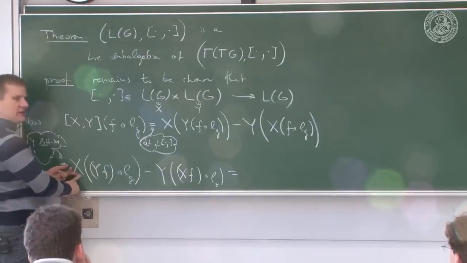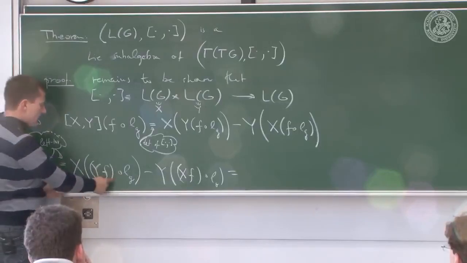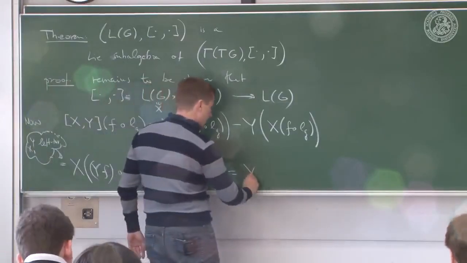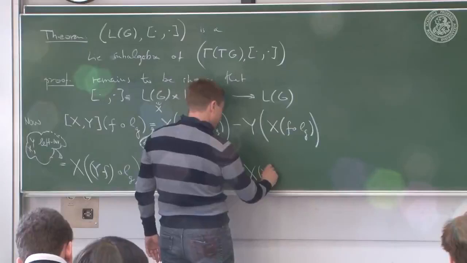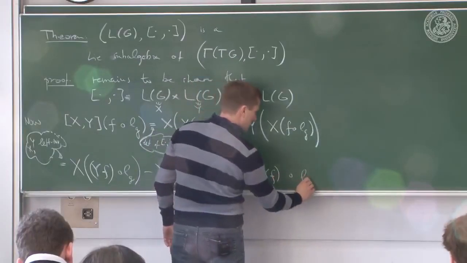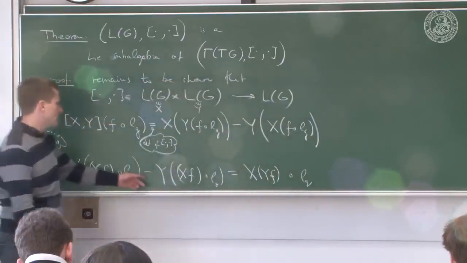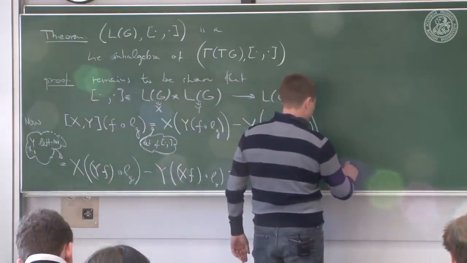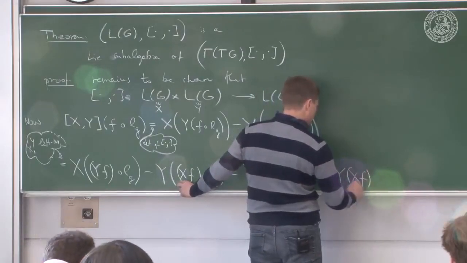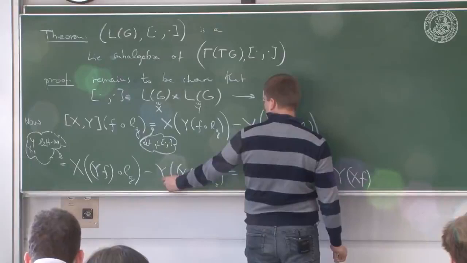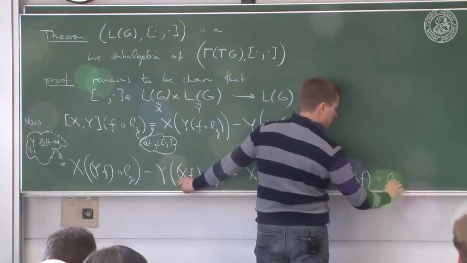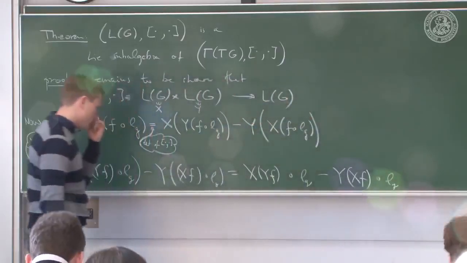But x is a left invariant vector field, so I can let it act only on the function and only then compose with Lg. So it's x of y of f, and only afterwards I compose with Lg. The same is true here. Minus y, I let it first act only on the function, xf, which is only justified because y is left invariant. And only afterwards I compose with Lg. Right?